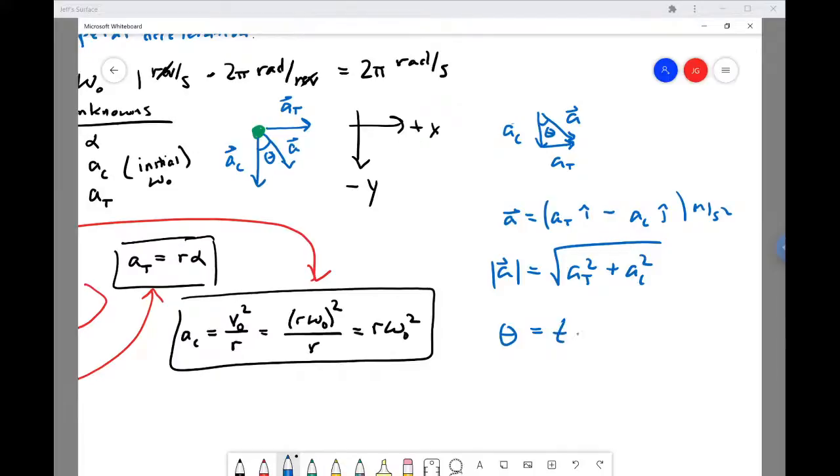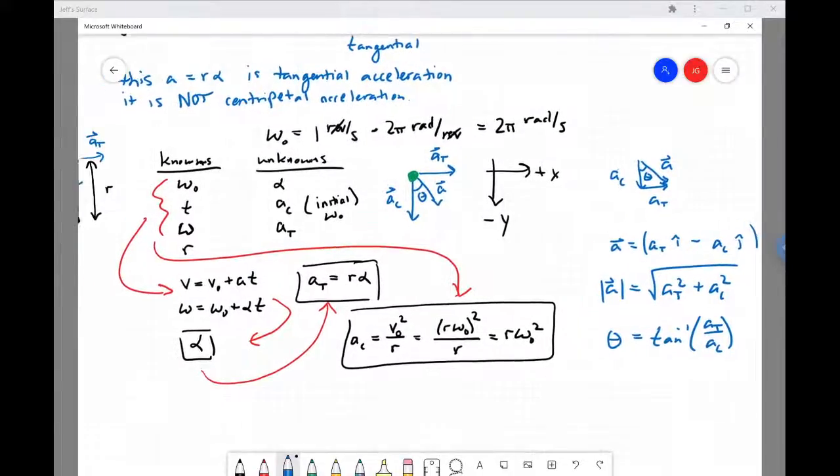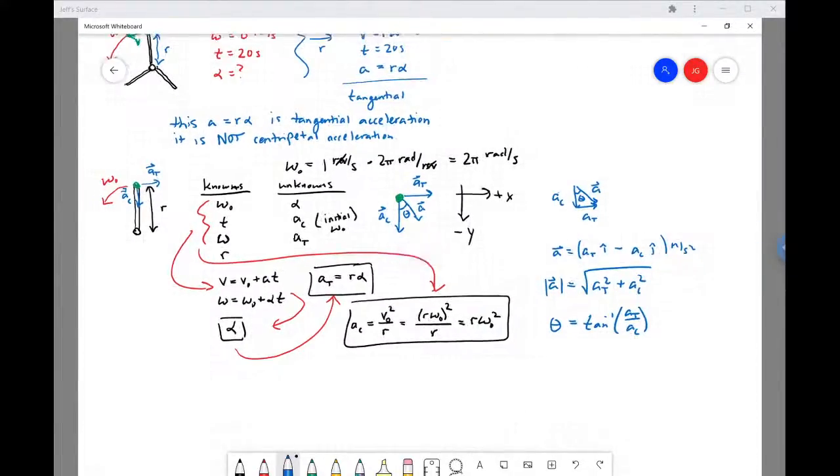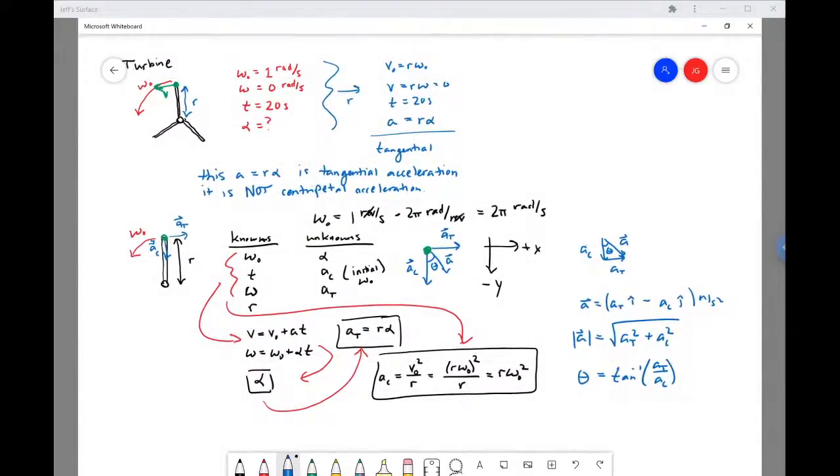So the inverse tangent of that ratio is going to equal theta, the angle. Okay. So let me zoom out here, try to get everything on the same slide at the same time. It's going to be hard. Okay, I'll just leave it there a second. Hopefully this is really helpful for solving that problem.